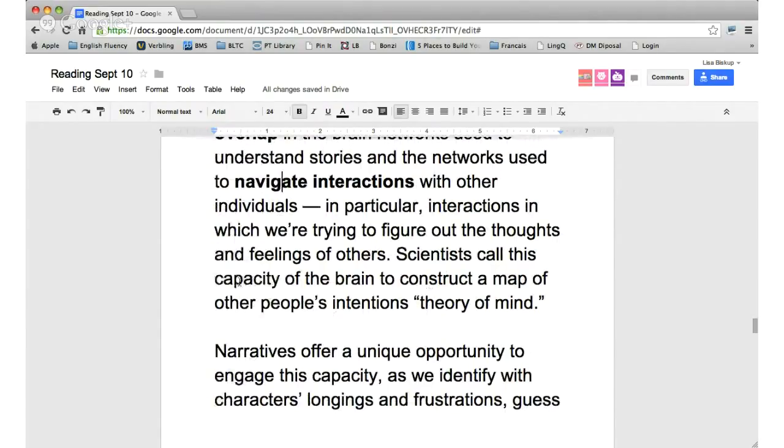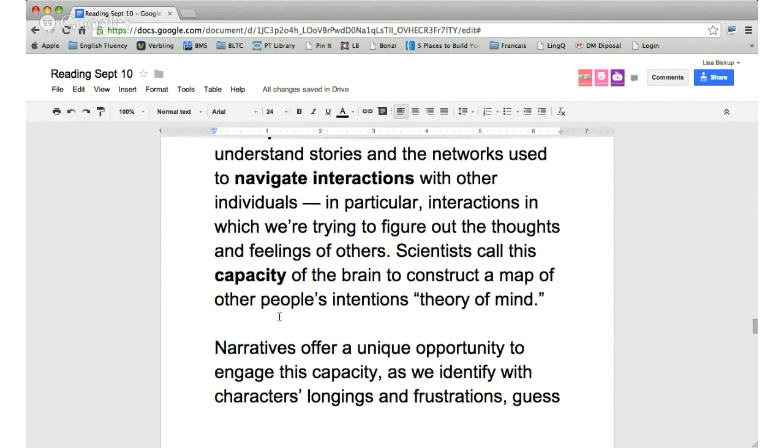When a person has the capacity, or the ability, or not really power, but the capacity means when you are capable of doing something, when you can do something. So the brain can construct or build a map of other people's intentions. So we're trying to figure out why this person is doing this. And now when we read stories, apparently this can use the part of the brain that helps people understand other people.